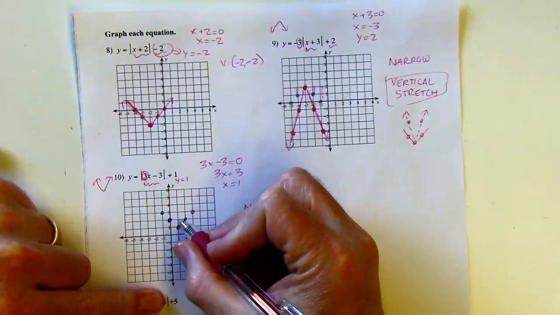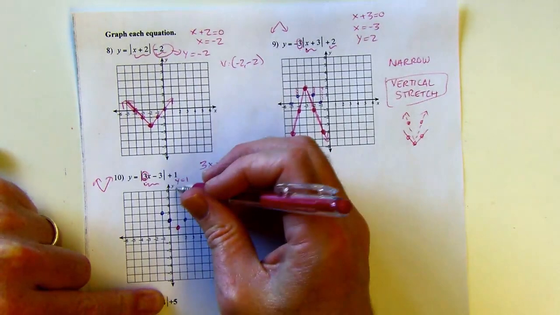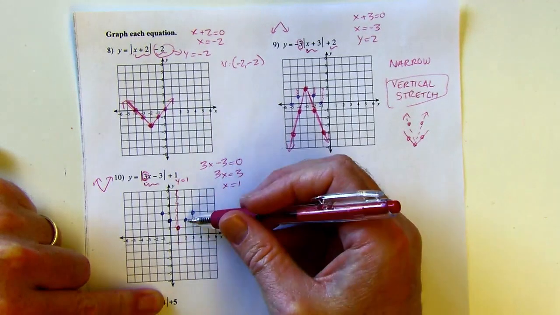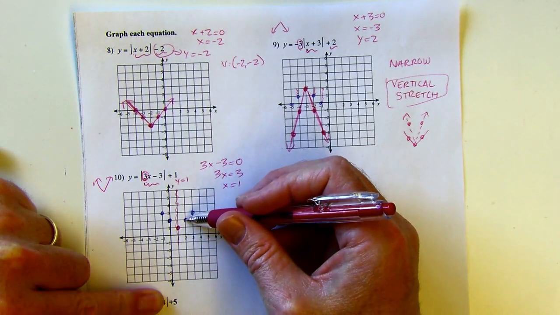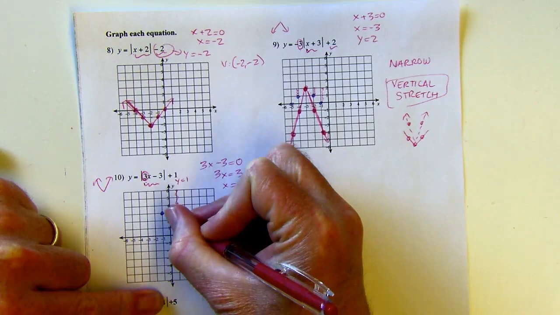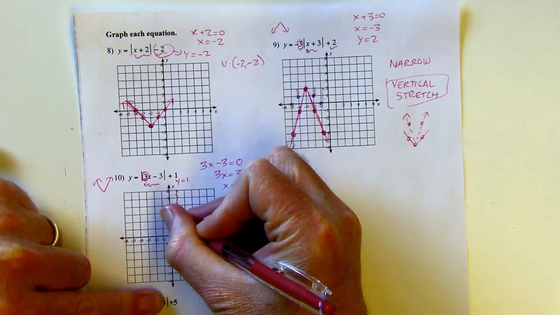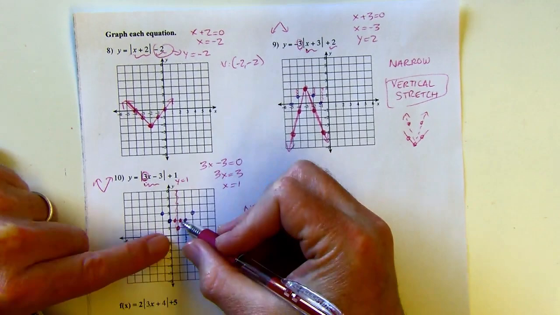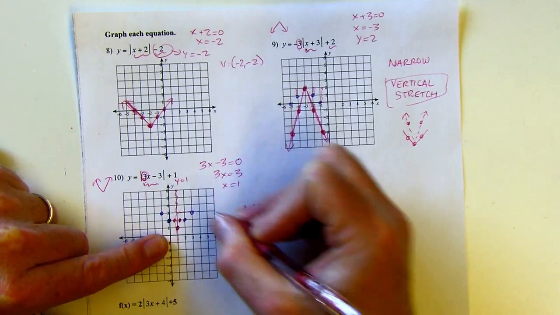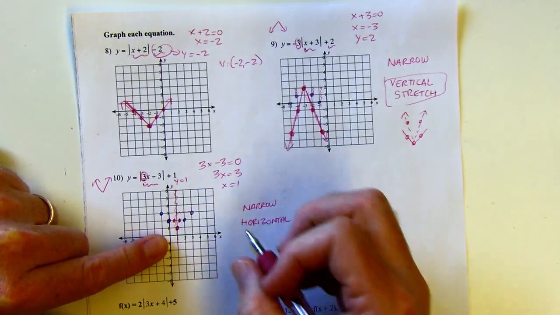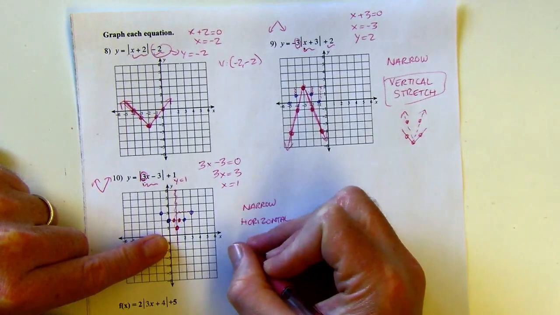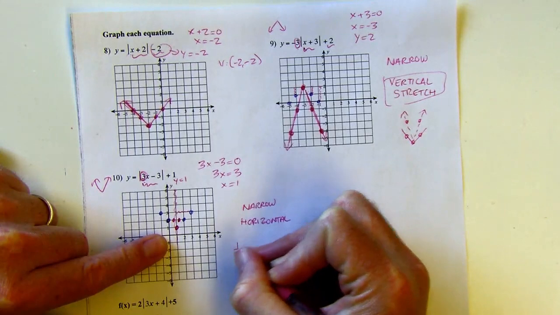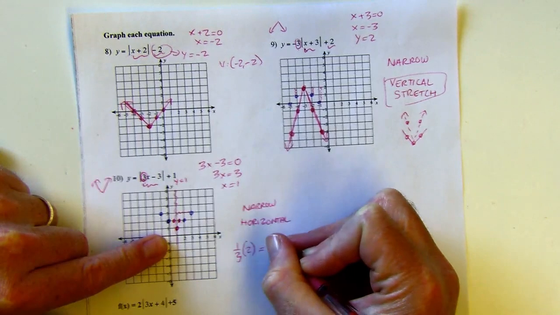Okay, so if I look at this point, it's 1 unit away from the center of the V. So I want to just have it be a third. So it gets 3 times as close. So I'm kind of eyeballing a third of a unit. And then right here I see that's 2 units, so I want a third of 2. I'm going to take 2 and divide it by 3. Well, a third of 2 is going to be 2/3.